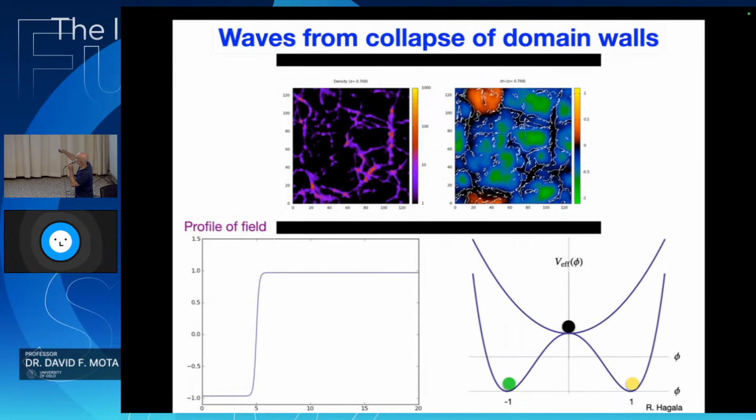Green means it's in this minimum, let's call it -1, and yellow or orange means it's in the other minimum. In some regions the scalar field goes to one minimum, and in other regions to the other. In between these regions we have a topological defect, in particular a domain wall, in this case for the symmetrons.